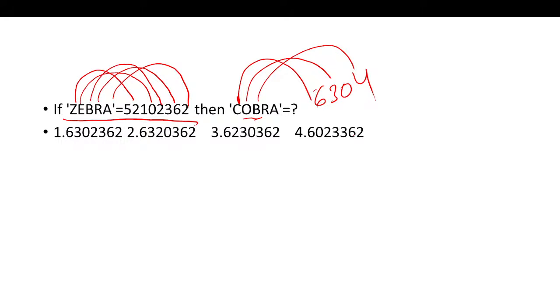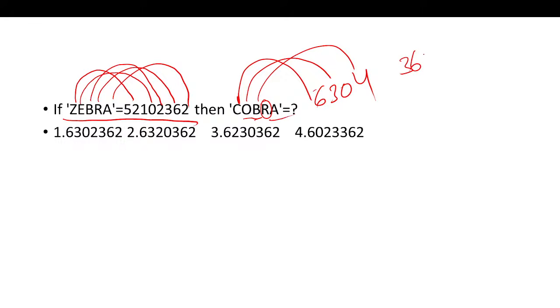So, 630. Are some options missing? 630. And R value is 18, 18 into 2, 36.